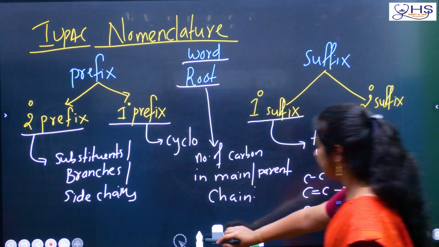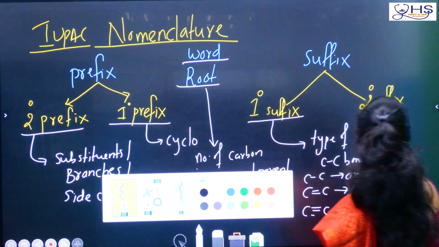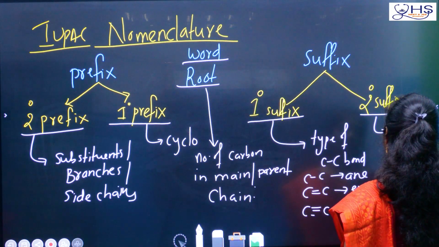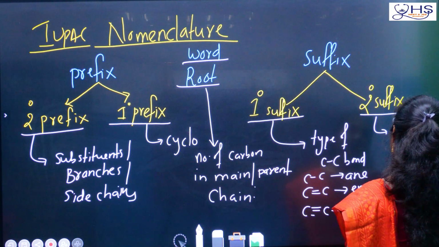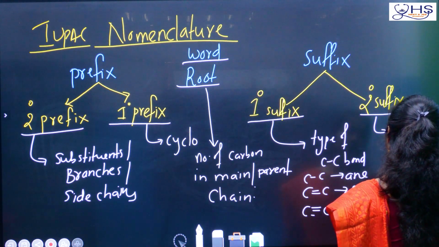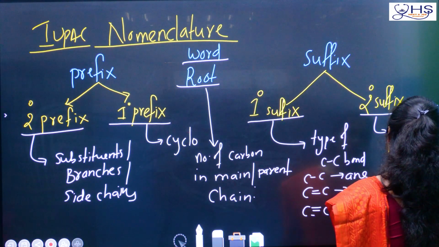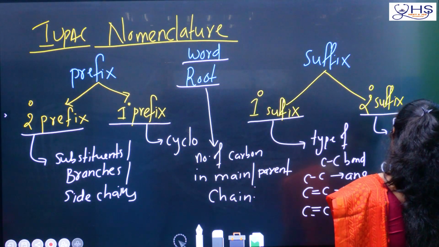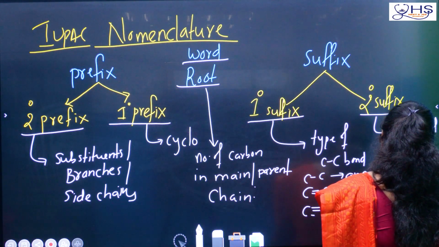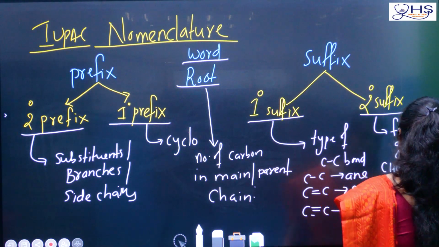What does the secondary suffix indicate? The secondary suffix indicates the functional group. Since we are dealing with the chapter aldehyde and ketone, the secondary suffix for aldehyde is -al and for ketone is -one, O-N-E.